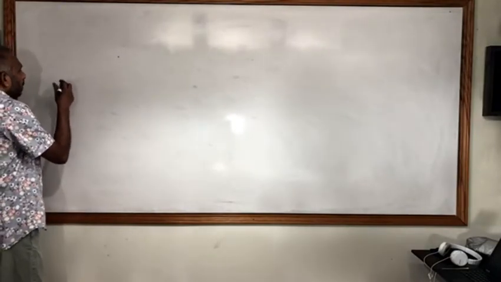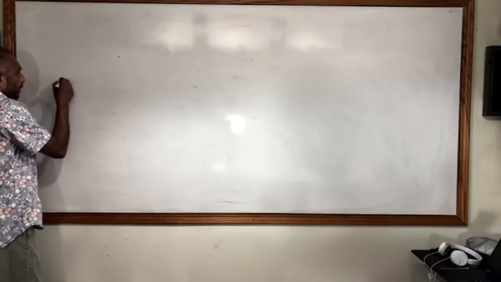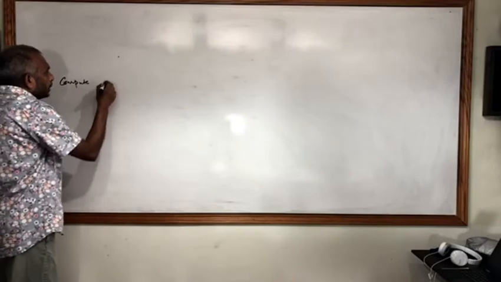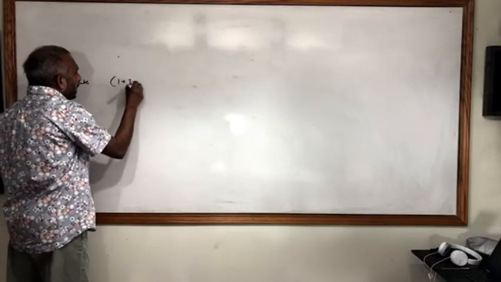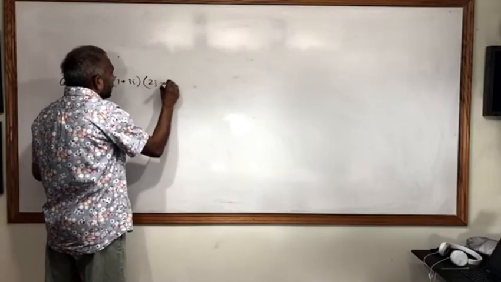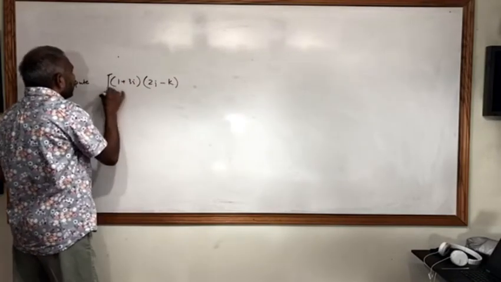So the first problem we are going to try is to compute, let us say, (1 + 3i)(2j minus k) inverse.